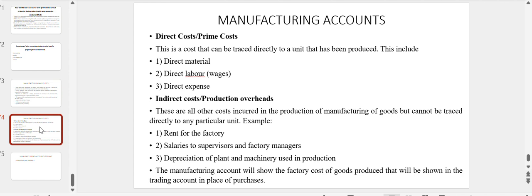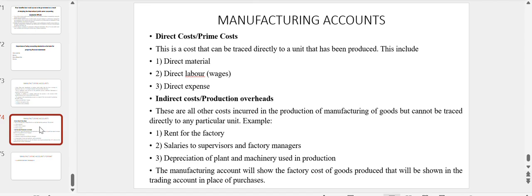The second category is indirect cost. Indirect costs are costs that cannot be traced directly to the production process or a particular unit. For example, if you pay a supervisor some wages, a supervisor does not work directly in the production process. So the wages that you are going to pay a supervisor for supervision will be part of the indirect cost.